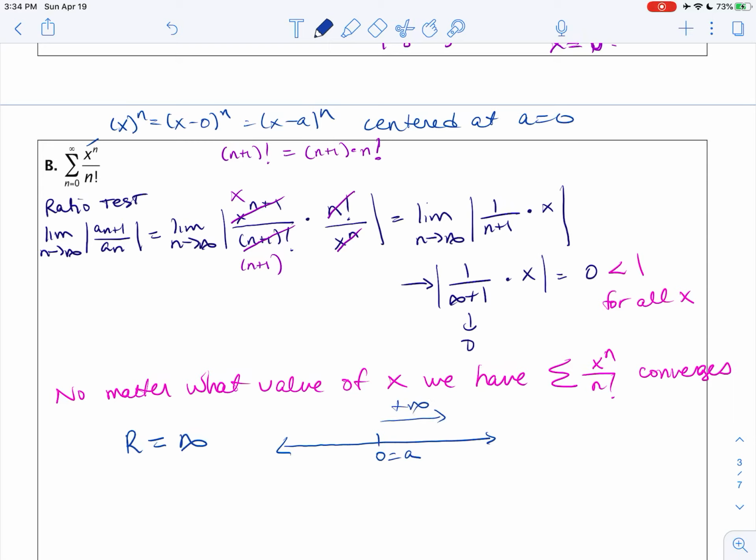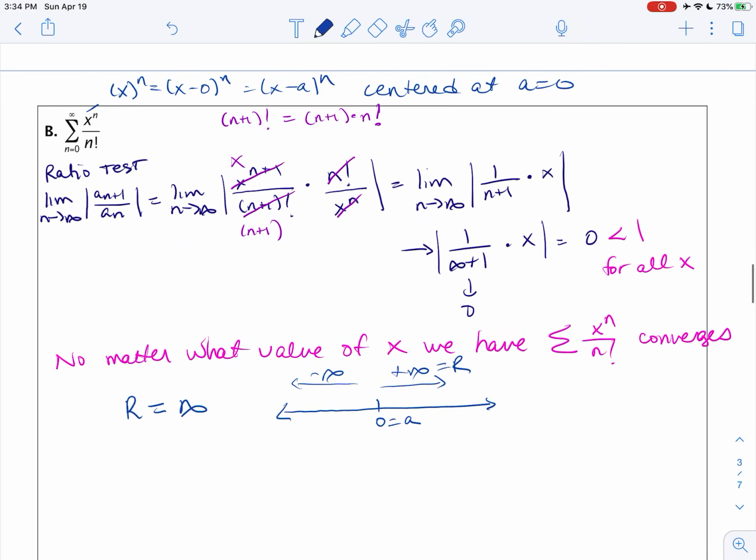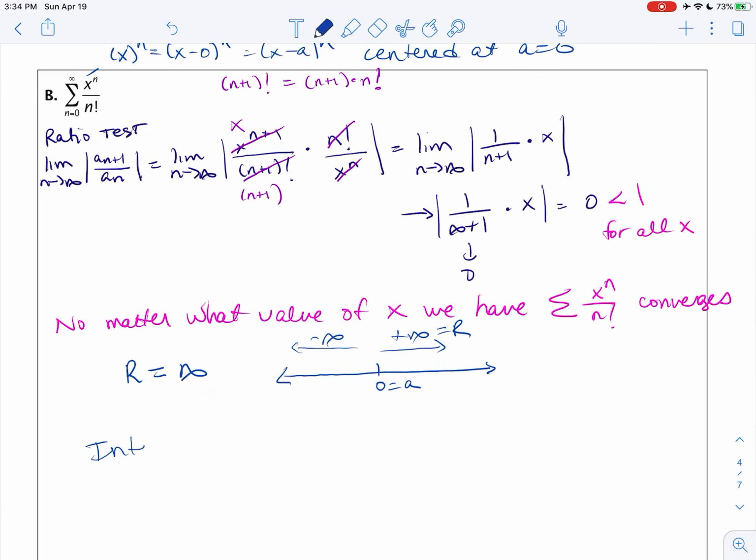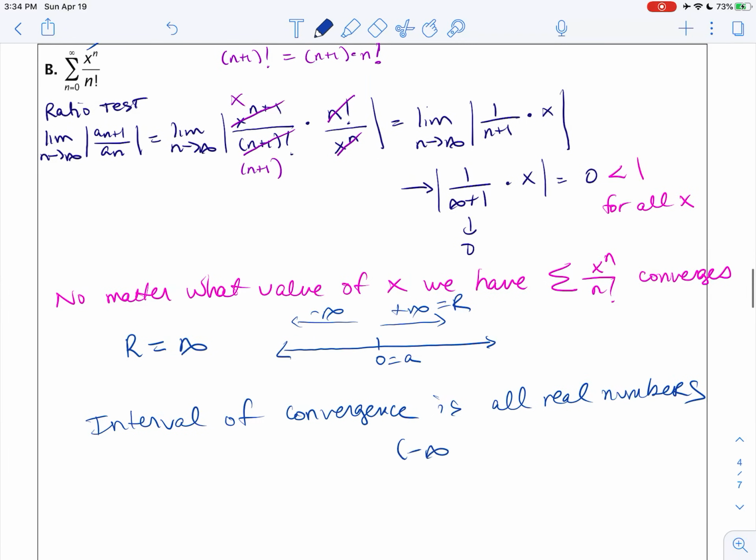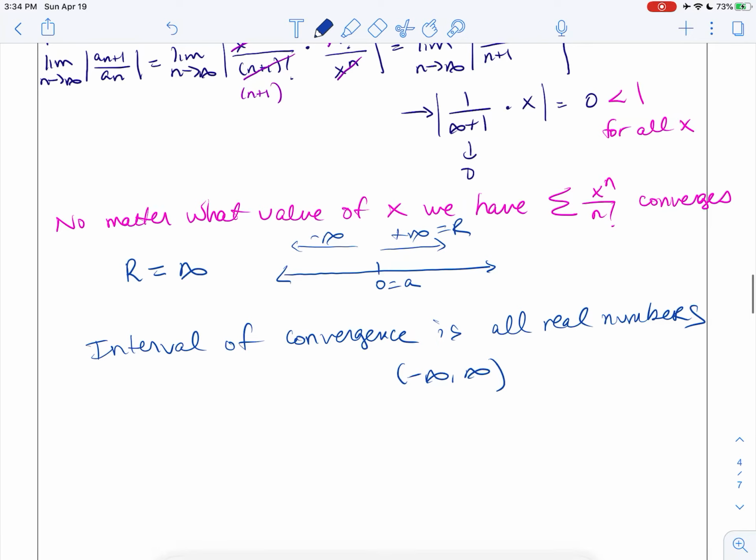If I have my a equal to 0 and I go up infinity and back infinity, because that is our radius of convergence, I have that my interval of convergence is all real numbers, or in other words, minus infinity to infinity, or in other words, you can write the symbol of the real numbers, that script R. Okay, that concludes for now.